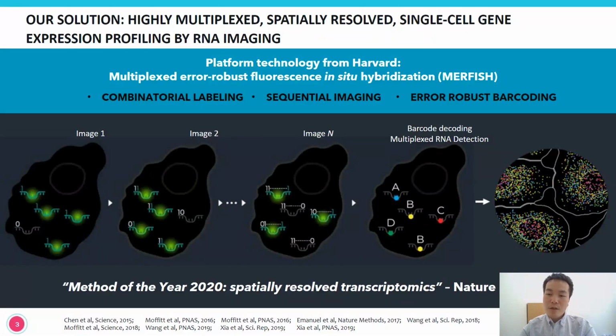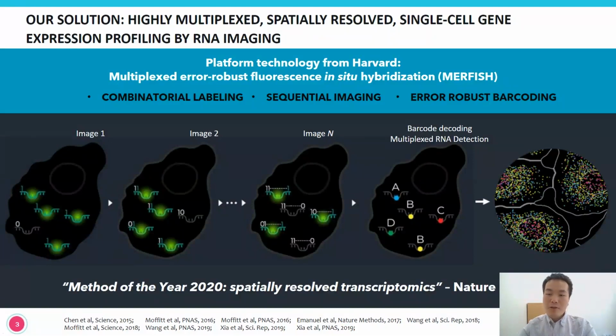While in contrast, MERFISH really enables highly multiplexed RNA imaging capable of resolving hundreds to tens of thousands different RNA species within cells. So as you can see here, there are 3 key aspects that really make this highly multiplexed measurement possible, which is complementary labeling, sequential imaging, and error-robust barcoding. To perform MERFISH, as you see on this slide, we use a complementary labeling strategy to label different RNA species with a type of oligoprobes that contains different barcodes.